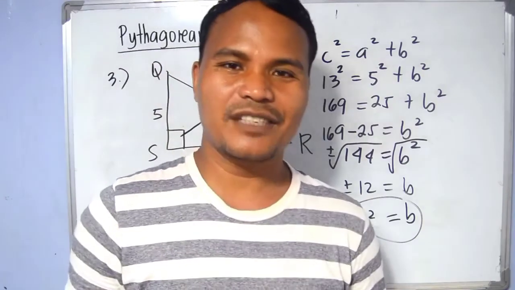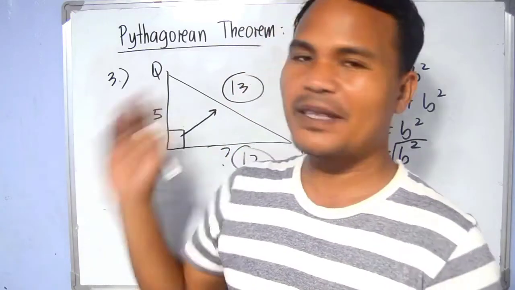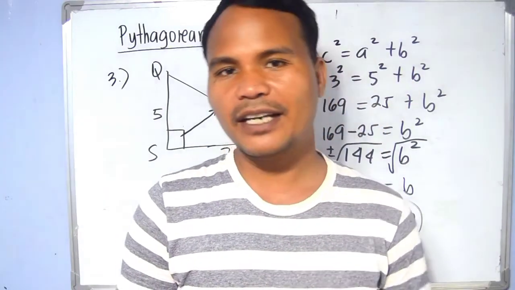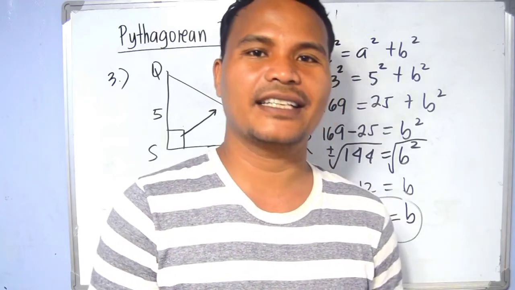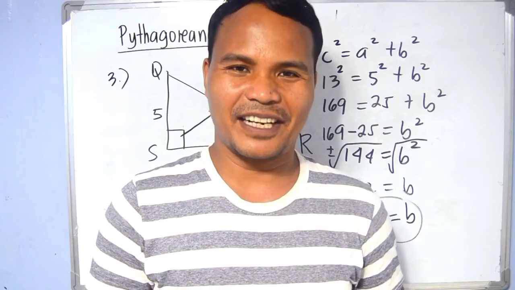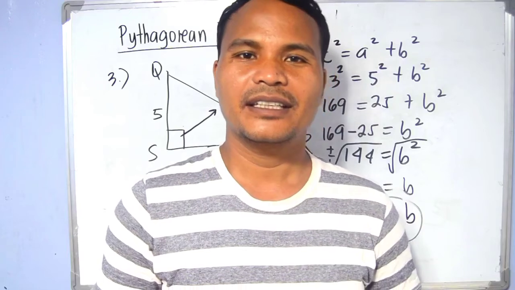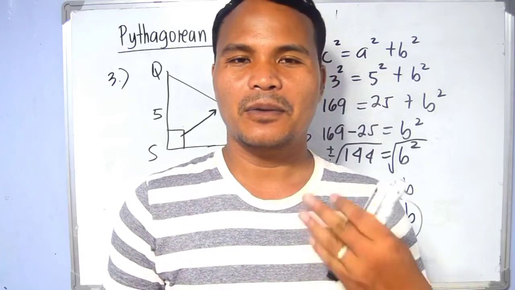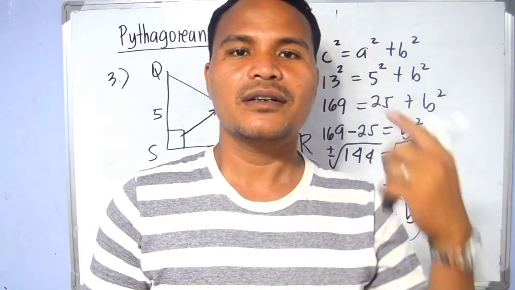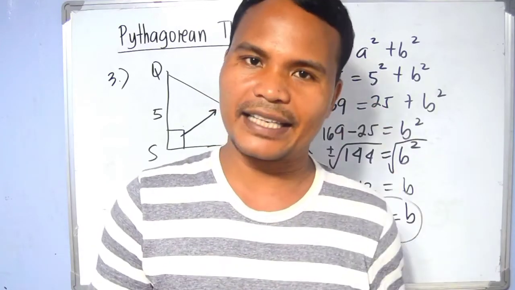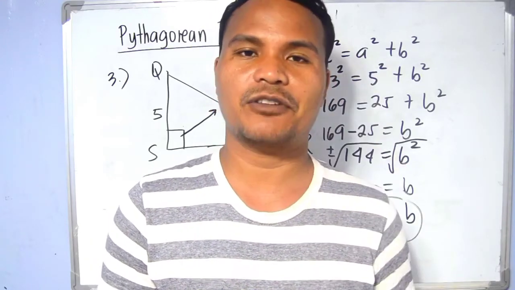Okay, that is for today, and I hope you now know how to use the Pythagorean Theorem in finding one of the unknown sides of a right triangle. Again, we can use the Pythagorean Theorem if we are going to find the missing length of one side of a right triangle.